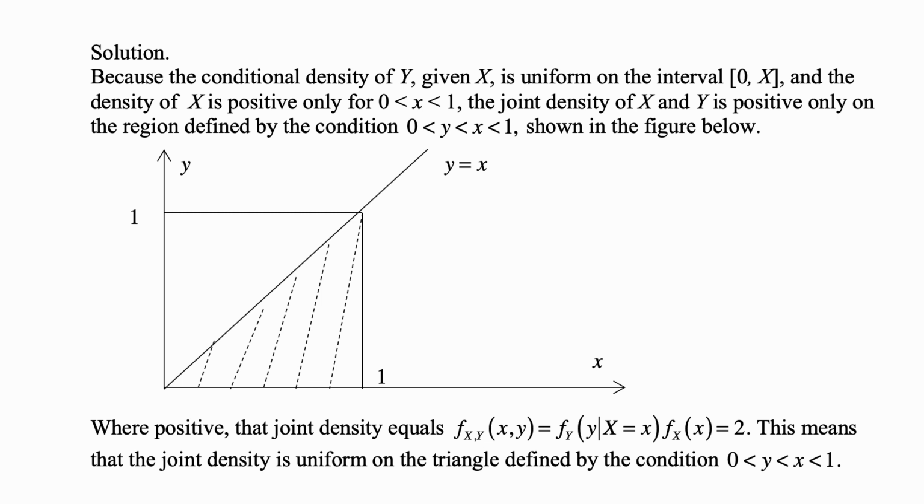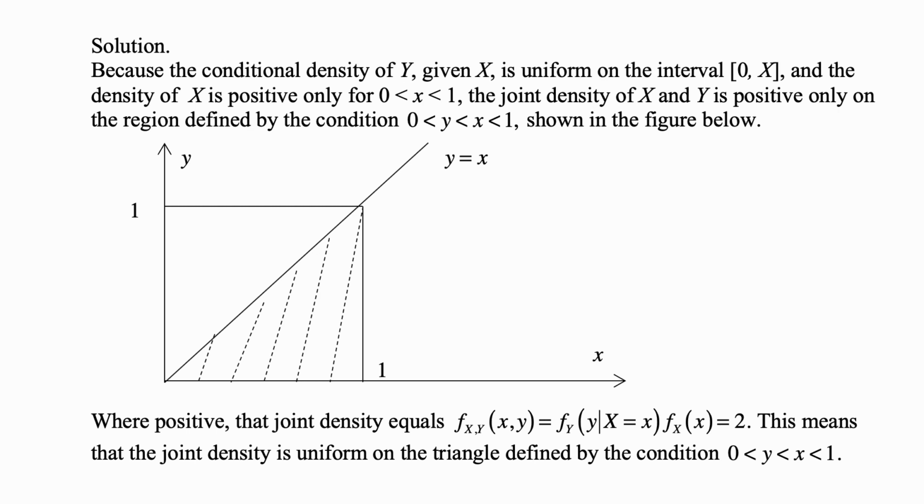This means that the joint density is uniform on the triangle defined by the condition 0 less than y less than x less than 1. So we have joint density being uniform on that triangle.